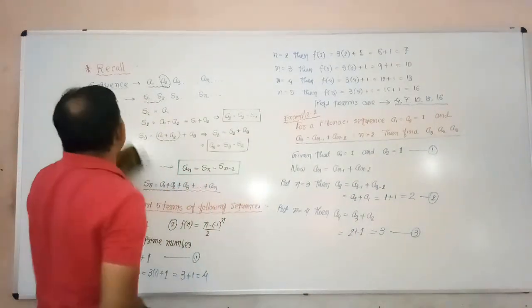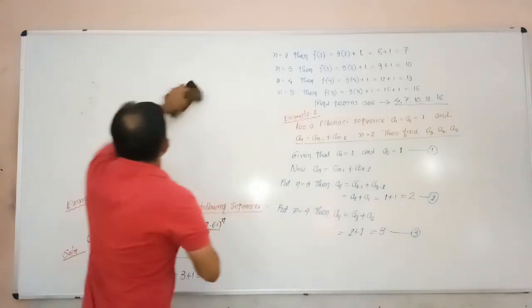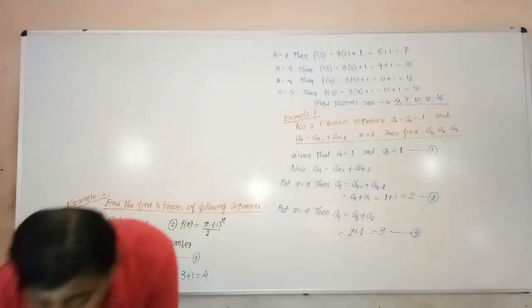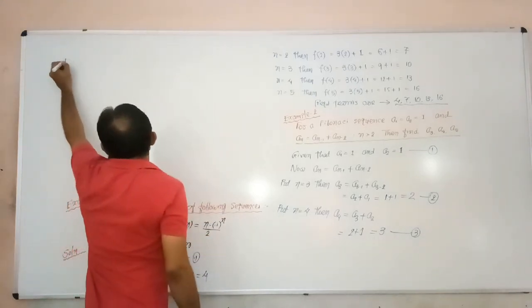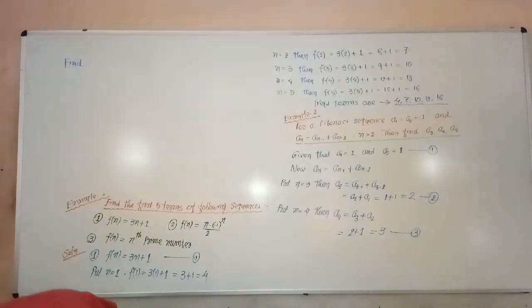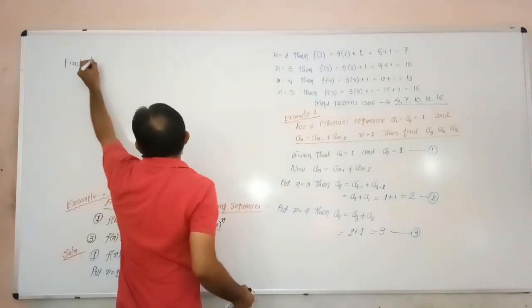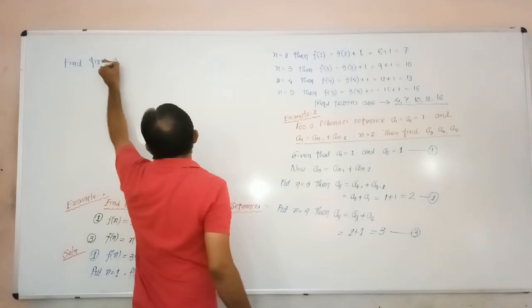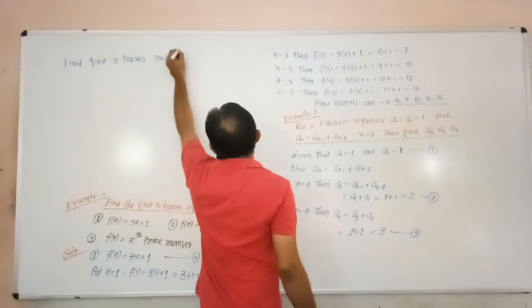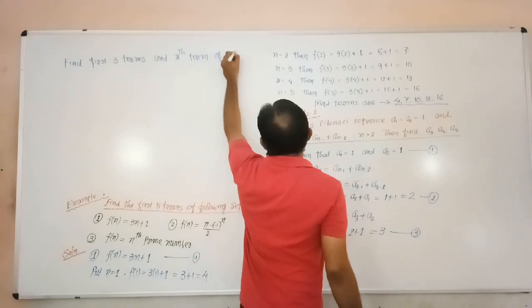Now one more kind of example, let us see. I hope that you can solve the questions yourself, but let us see. Find the first three terms and the nth term of the sequence.